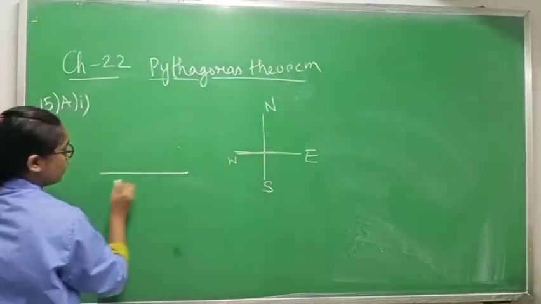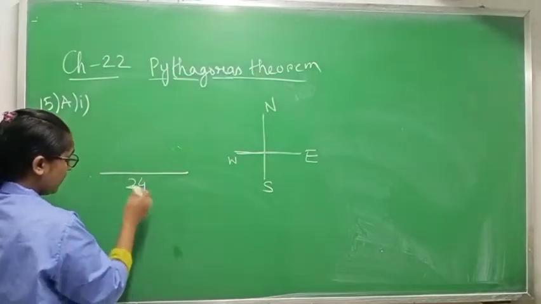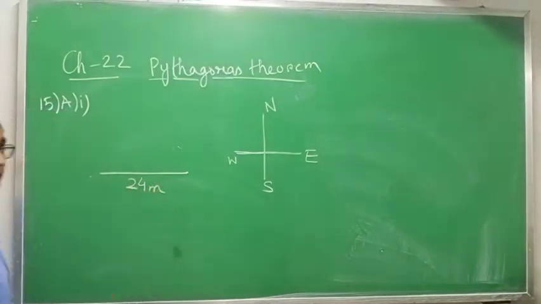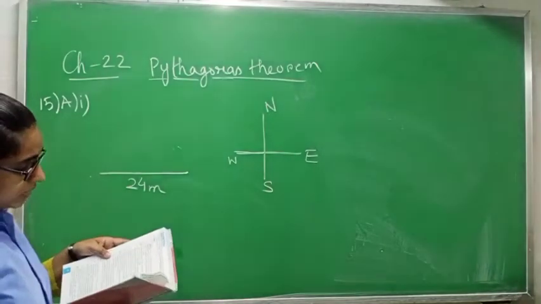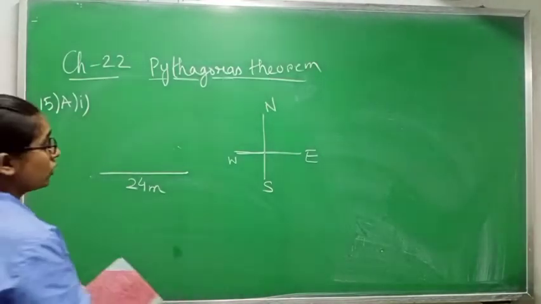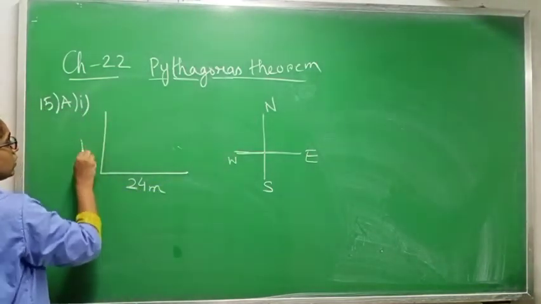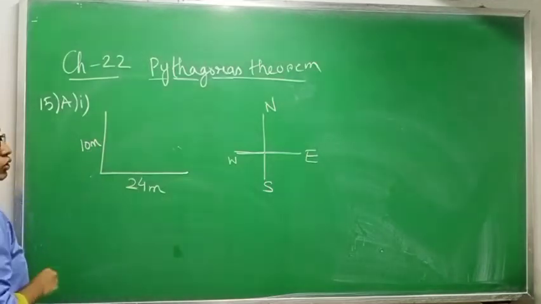West is this side, so he is going this side and he is covering 24 meter. After that it is written, and then he goes 10 meter north. North means up, from here to here, then he is going 10 meter north.